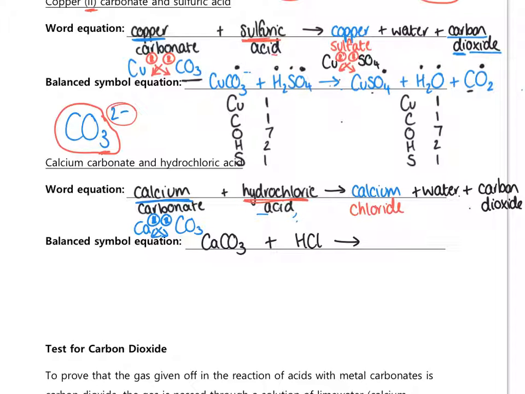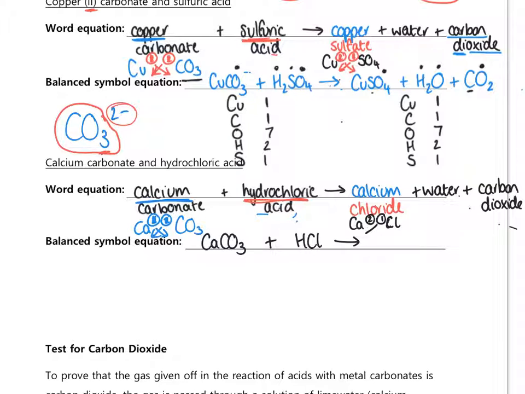And then I form my salt, which is calcium chloride. Again, don't overcomplicate this, we simply use calcium and chlorine. Calcium is Ca, chlorine is Cl. My valency of calcium is 2 because it's in group 2, and my valency of chloride is 1 because it's in group 7.